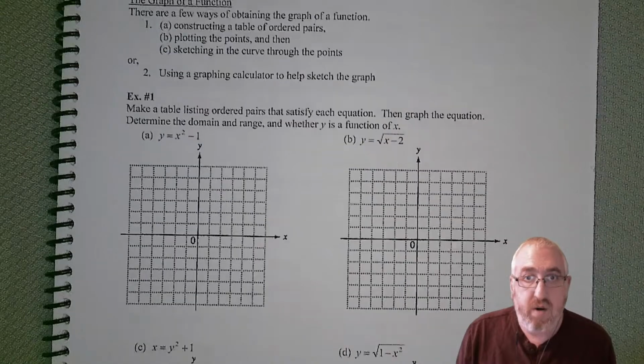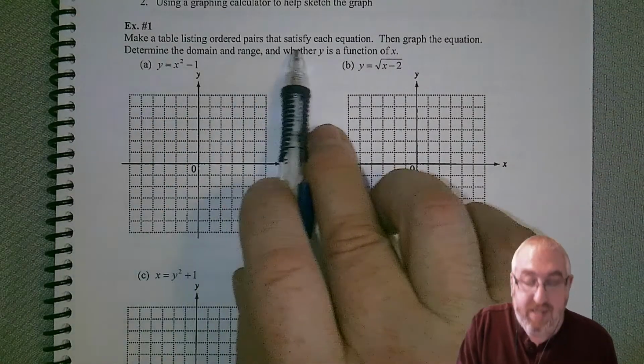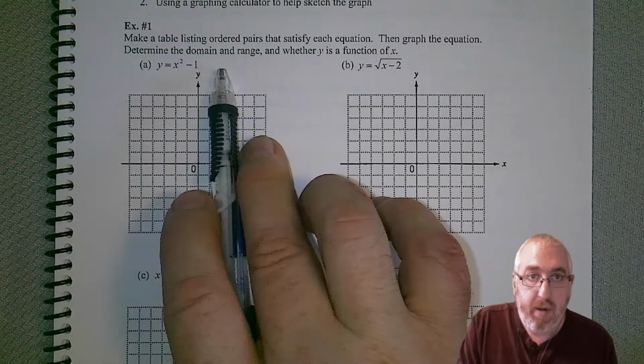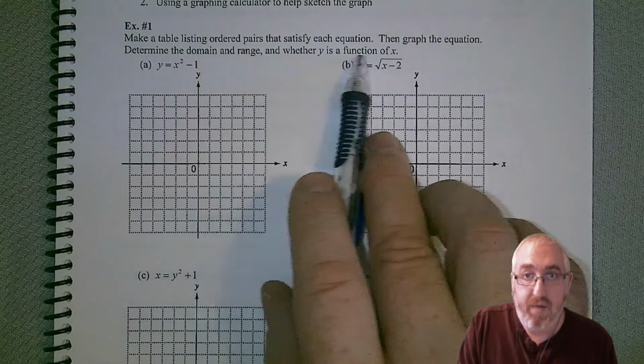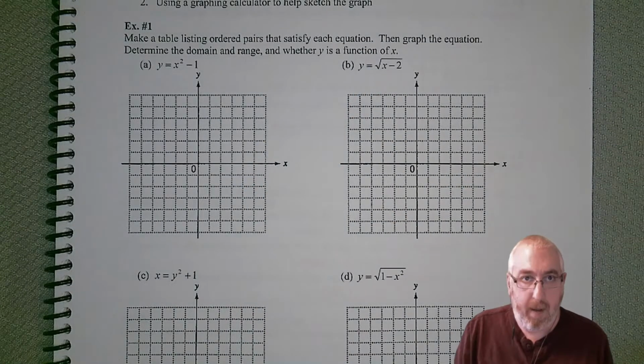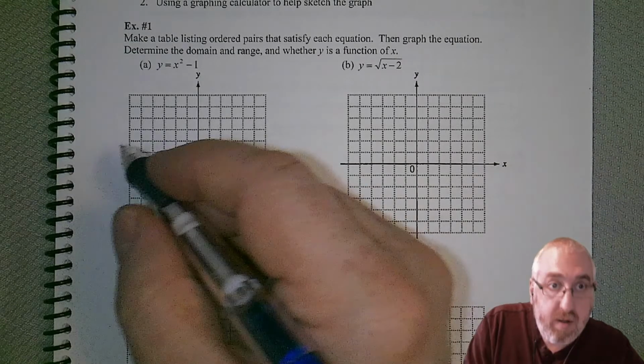This first set of examples wants you to make a table listing ordered pairs that satisfy each equation, then graph it, and determine the domain and range and whether y is a function of x. So a lot of layers to this problem. Okay, let's first get a table.